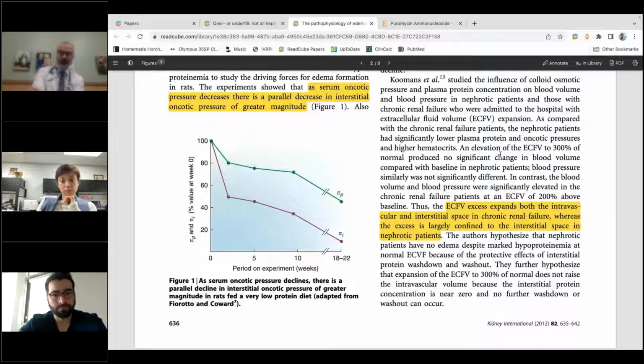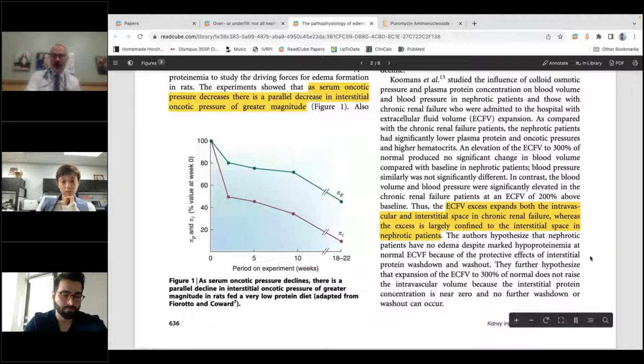And they found that in both CKD patients and nephrotic syndrome you have expansion of the intravascular and interstitial space, but in the nephrotic patients it was seen only in that interstitial space rather than in their serum, their intravascular component also having volume expansion.